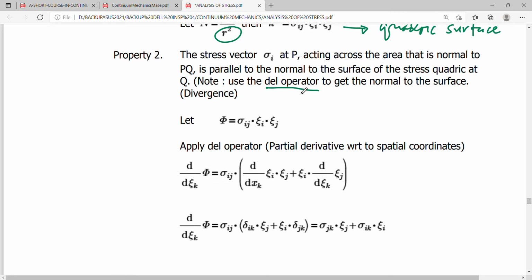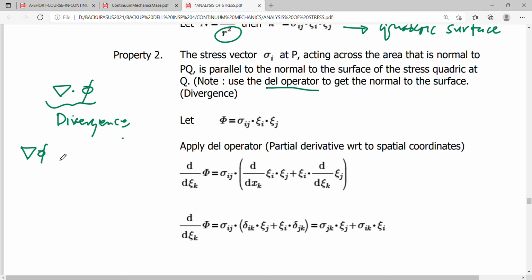And you can do property number 2 by using a del operator. A del dot, let's say phi, is actually called a divergence operation. So when you say the divergence of phi, you simply get the del dot phi. So these are additional notes.